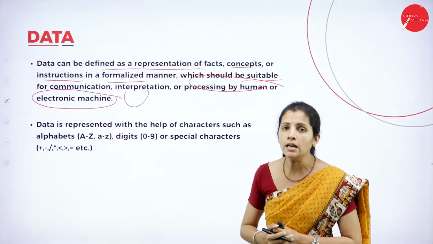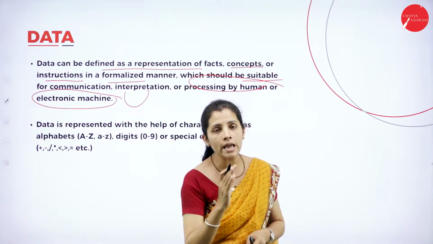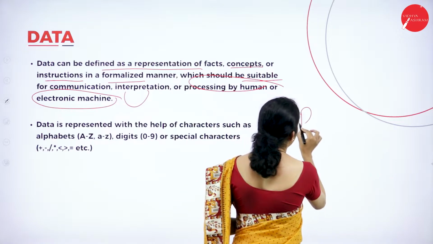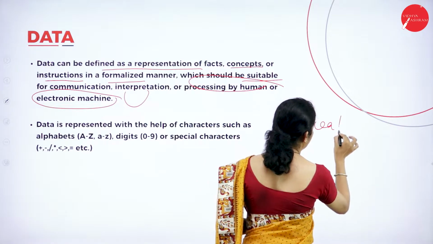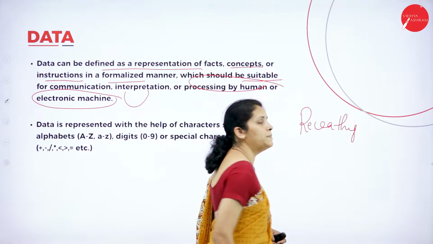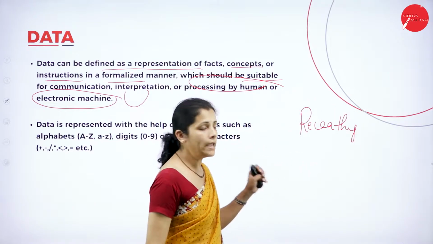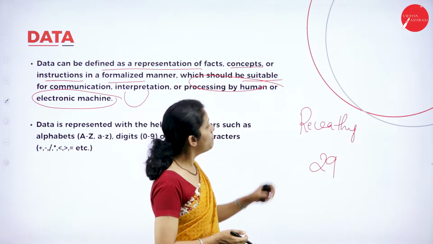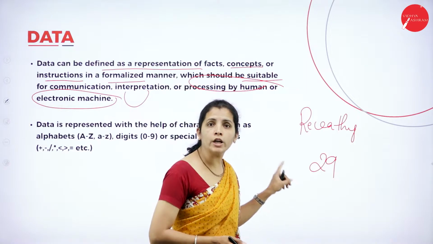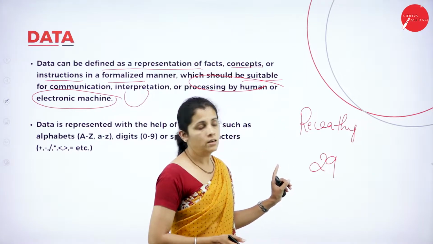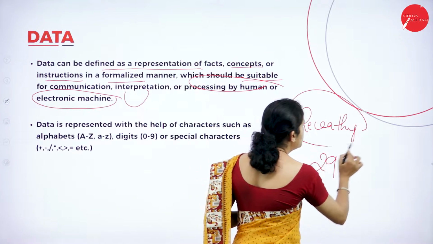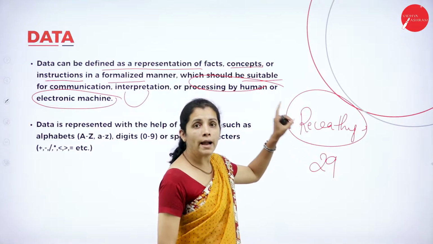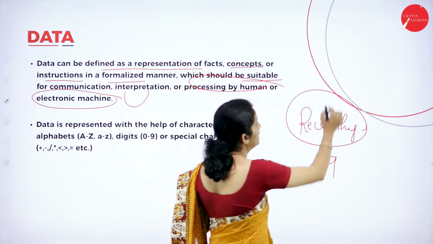Now, dear student, let me consider my name and age itself. For example, think that my name is Revati and my age is 29. Now, by seeing these two, what are you going to understand? Here, I can understand that Revati is nothing but my name, that is nothing but text.